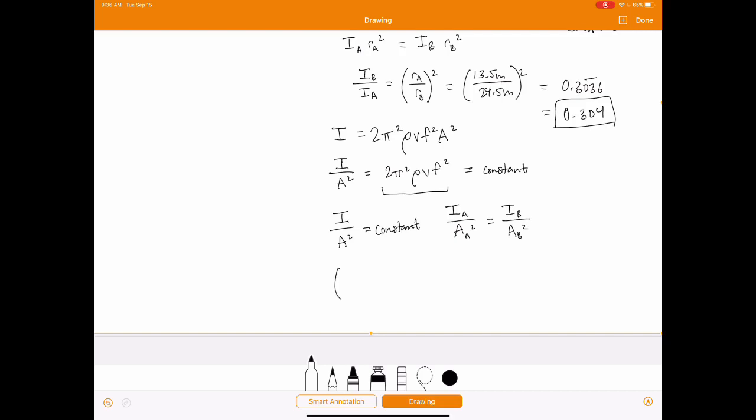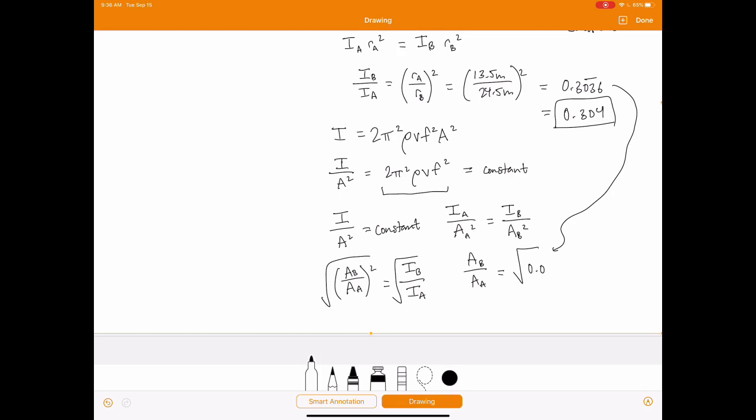So we have amplitude for Bob divided by amplitude for Alice squared is equal to intensity for Bob divided by intensity for Alice. So of course, we want to square root both sides of this, which will give us amplitude Bob over amplitude Alice equals the square root of the ratio of intensities, but that's something we calculated over here.